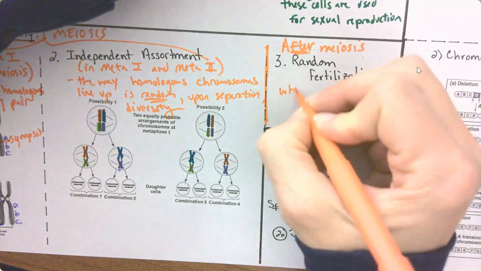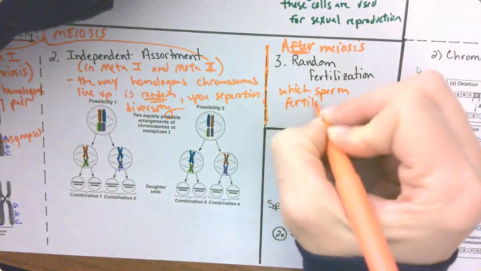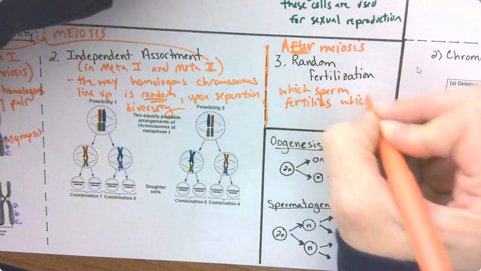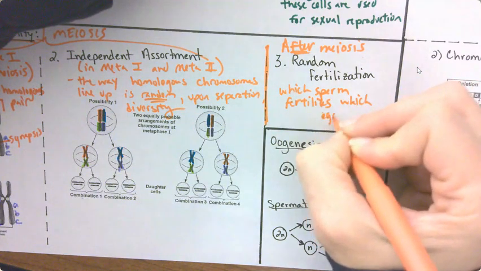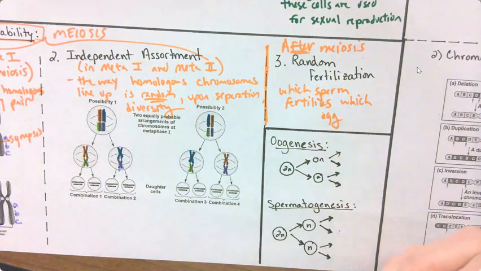This is which sperm fertilizes which egg in sexual reproduction. There are a ton of sperm and a ton of eggs that are made through oogenesis and spermatogenesis, and depending on which sperm fertilizes which egg, you'll have more genetic variation occurring.